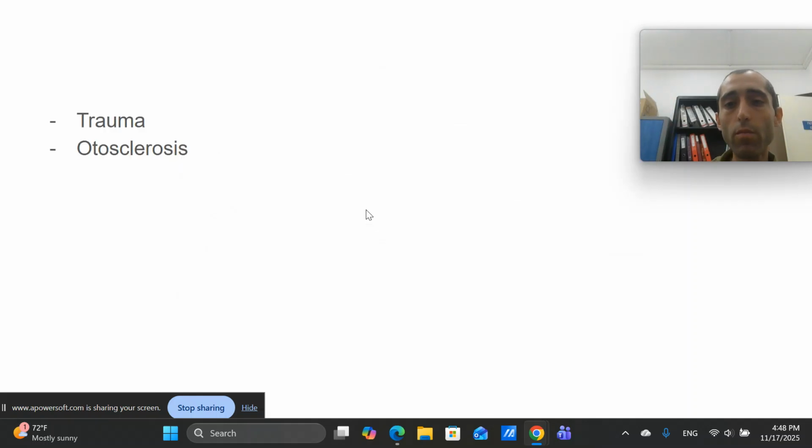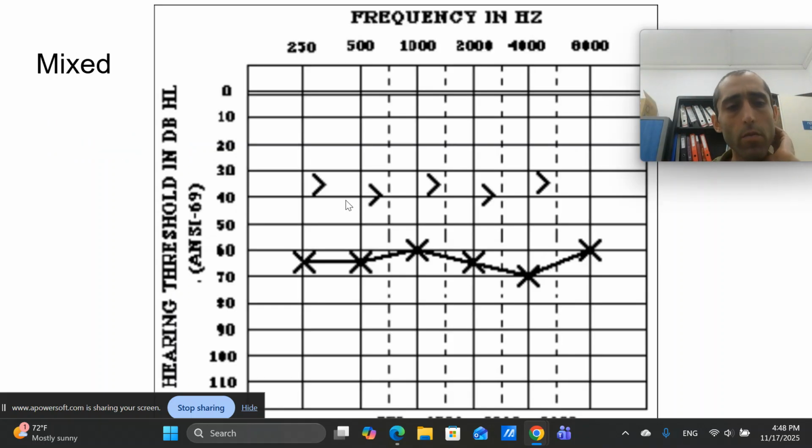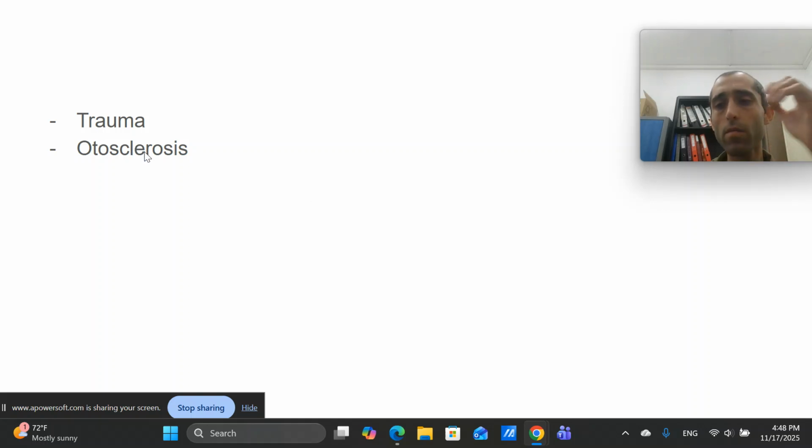For example, temporal bone fractures can damage the ossicular chain, but can also cause otic capsule disruption, so it can damage the ossicular chain and the inner ear, so it can cause mixed hearing loss. Some genetic problems and otosclerosis sometimes can go beyond the oval window and into the cochlea, so it will damage the stapes, but also the cochlea, so it will cause mixed hearing loss.